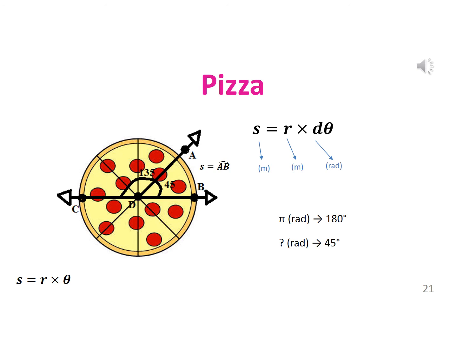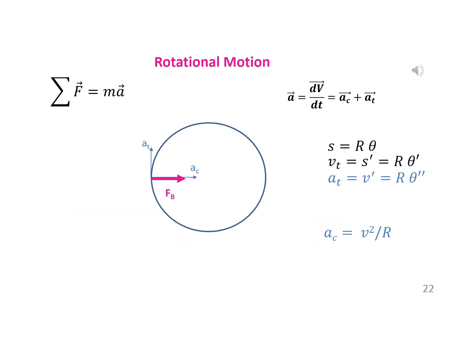So in case you want to increase your pizza portion, you have to increase either the radius of the pizza or the angle of your part. Now we have three formulas, S, Vt, and At, where S is the length of the arc, measured in meters. R is the radius, theta is the angle, and they are related as follows in the formula. You'll understand it better with the formula of the pizza. I call it the pizza formula.